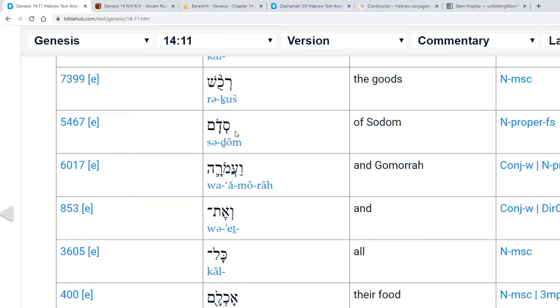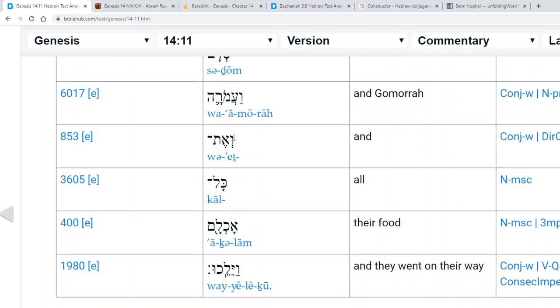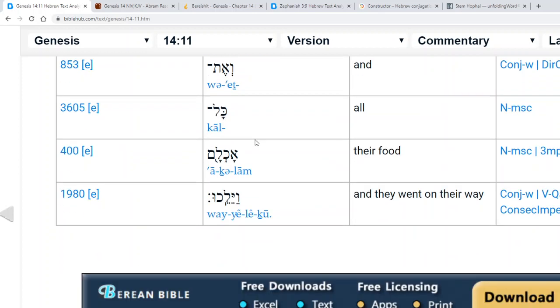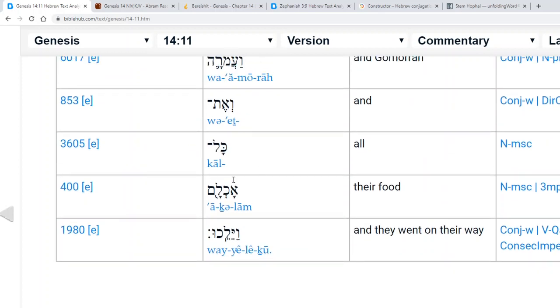So the goods of Stom, conjunctive vav, amora. Ve'et, so conjunctive vav again, et is the direct object marker. Kol ochlam, all, so ochel here is aleph chaf lamed, right? That's the root food. Ochel is food, right? Every ochlam, everything that they eat, right? The mem there puts it in the third person masculine plural. Veyelchu, yelechu. So conjunctive vav again.